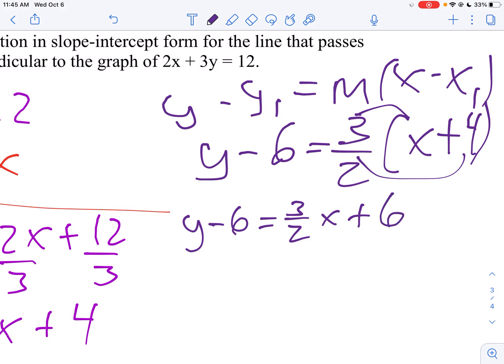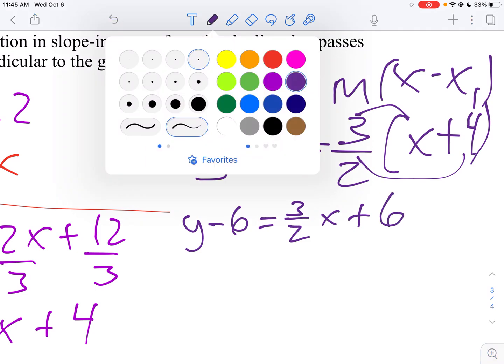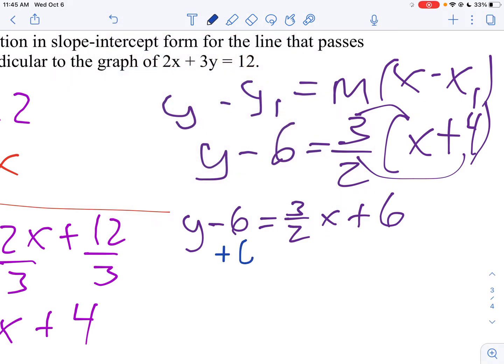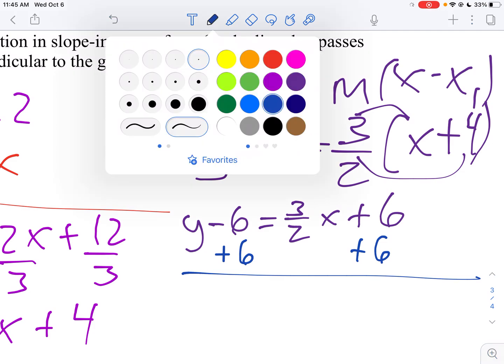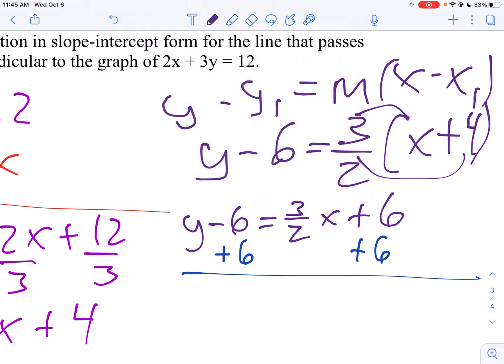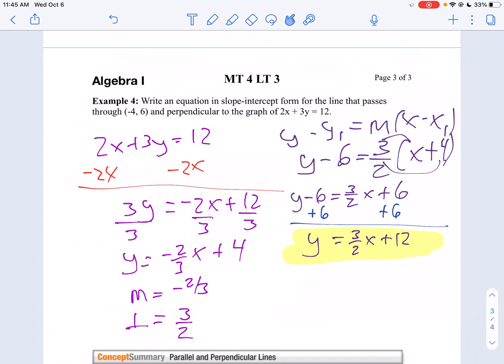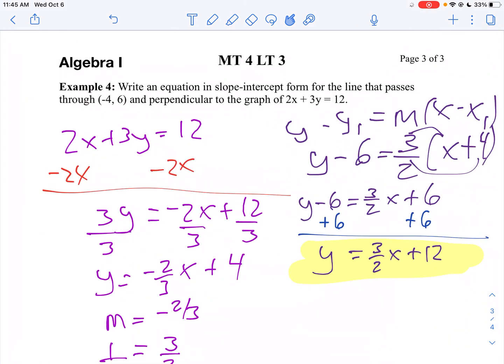And then to get y by itself, we're going to add 6 to both sides. So then we get y equals 3/2 x plus 12. And there is your equation of your line in slope-intercept form. And that's all we have to do for that one.